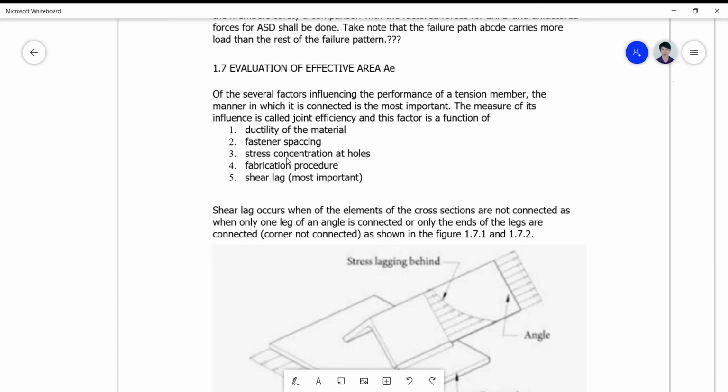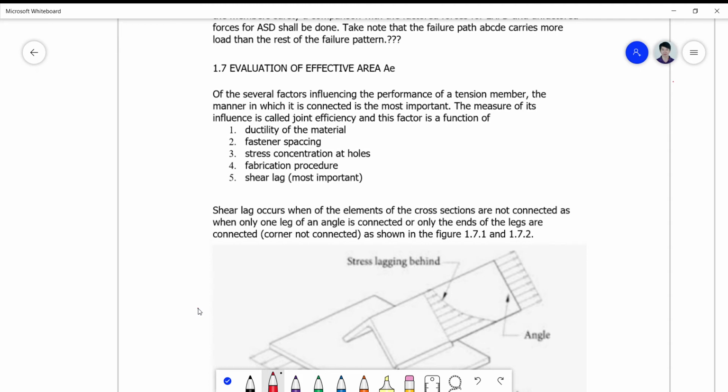And this efficiency is a function of five variables, which are the ductility, the spacing, the stress concentration, the fabrication, and the shear lag. And this is the most important, the shear lag that I explained to you initially in the previous video.